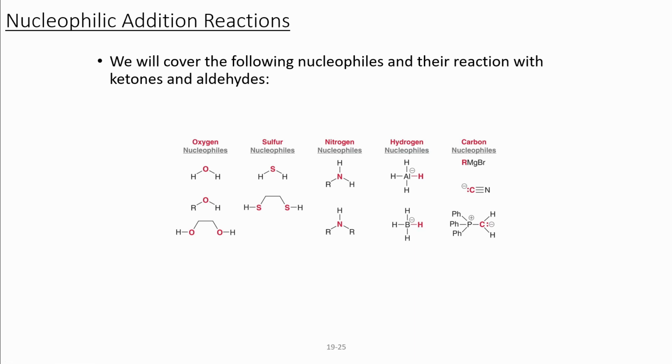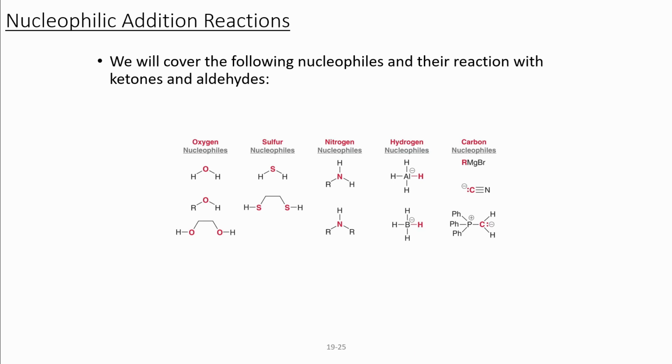Throughout this chapter, we're going to look at a large variety of nucleophiles and their reactions with ketones and aldehydes. We've categorized these nucleophiles into 5 sections: oxygen-containing nucleophiles, sulfur, nitrogen, hydrogen, and carbon-containing nucleophiles.